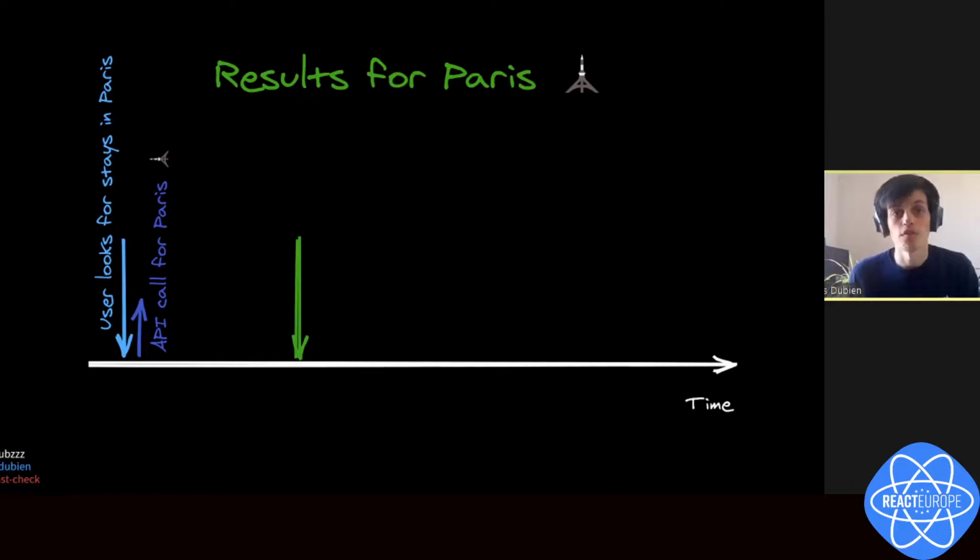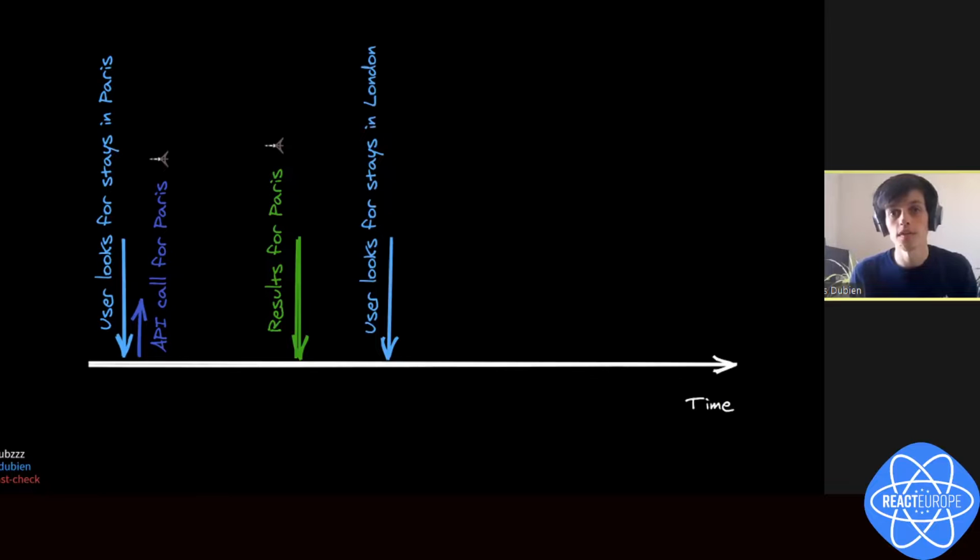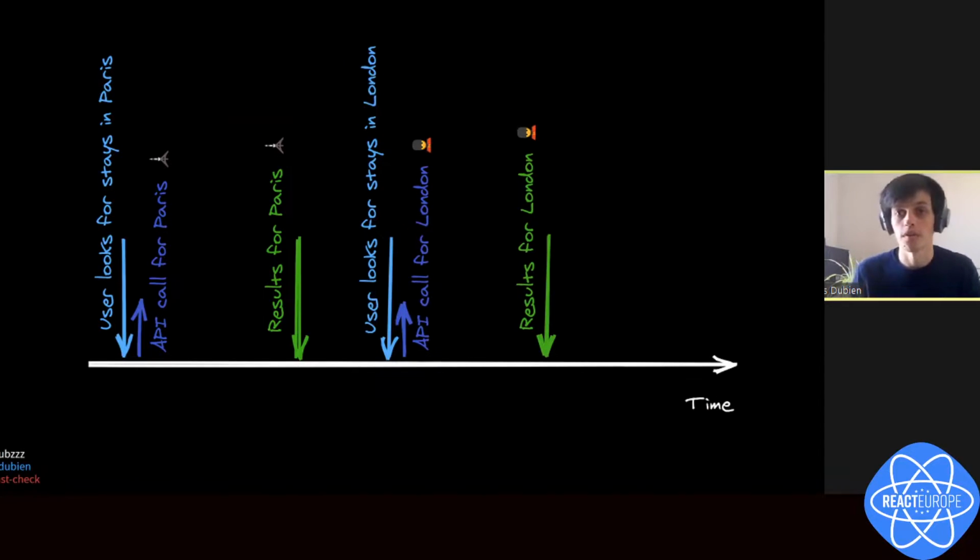It got some results for Paris. Then I looked for stays in London. Another API call was started, and there I got stays for London. But actually, it was not the case in the example I showed you, because the results from Paris were a bit delayed. I don't know why, but they came later. They came at this point. And this is exactly what we can call a race condition.